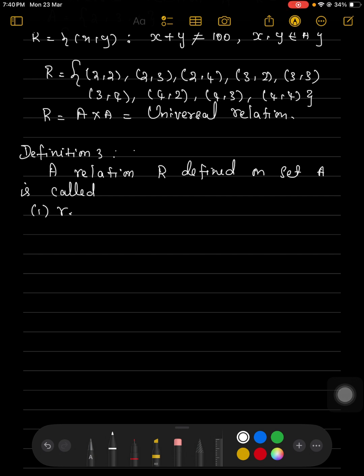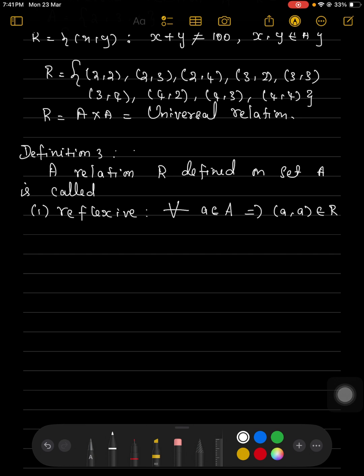Number one is reflexive. When do you say the relation is reflexive? For all, hope you know this symbol, it's called for every, for all a belongs to set A, we should have (a, a) in the relation.